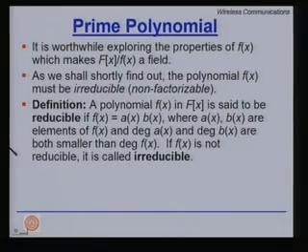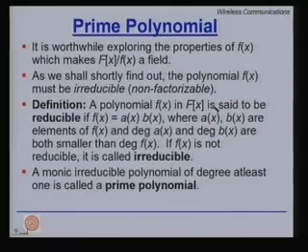So, a polynomial f(x) in F[x] is said to be reducible if f(x) is a(x) times b(x), where both a(x) and b(x) are elements of F[x], and degree a(x) and degree b(x) are both smaller than degree f(x). If this does not hold, then it is called irreducible.